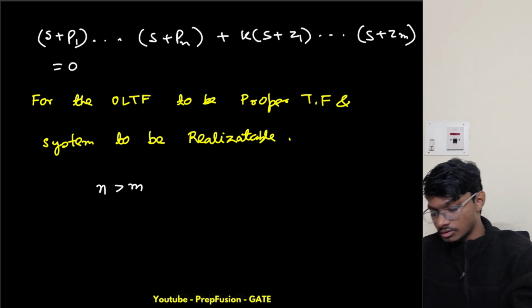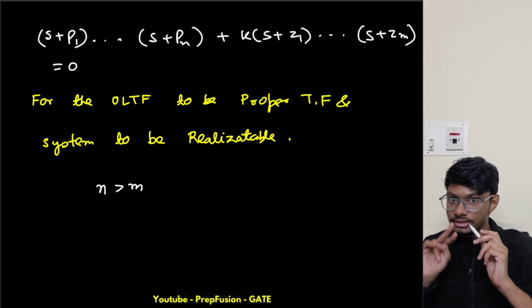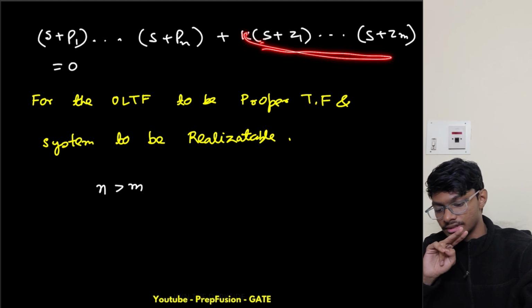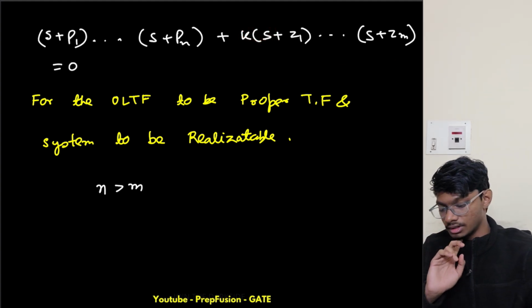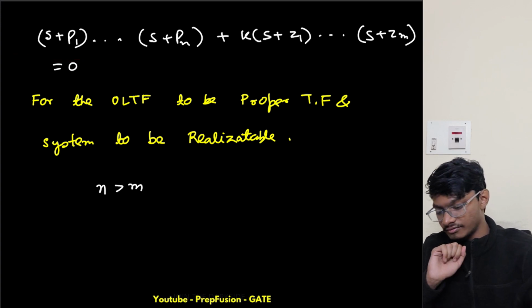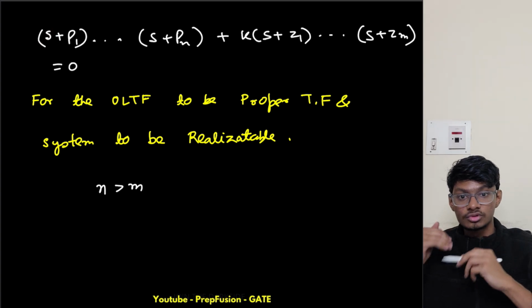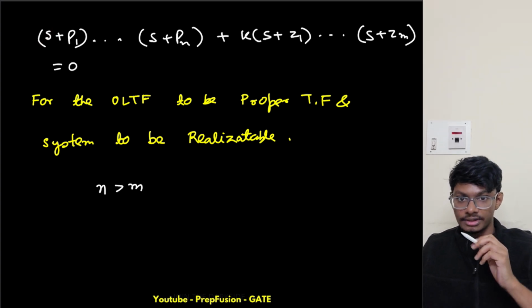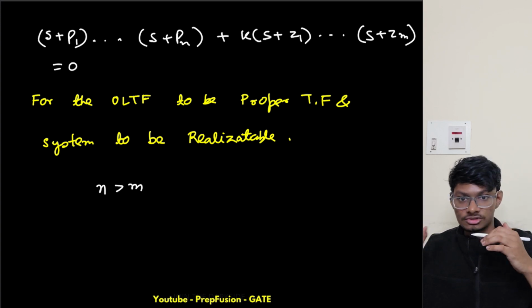From this equation, can you tell me the highest power of s? If n is greater than m, here I have m terms, and at max I can get s to the power m in multiplication. And here I have n terms, so at max I can get s to the power n. One side I'm getting s to the power n, the other side s to the power m. So which one has the highest power? S to the power n.